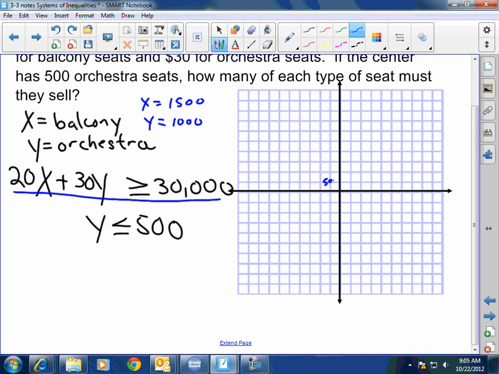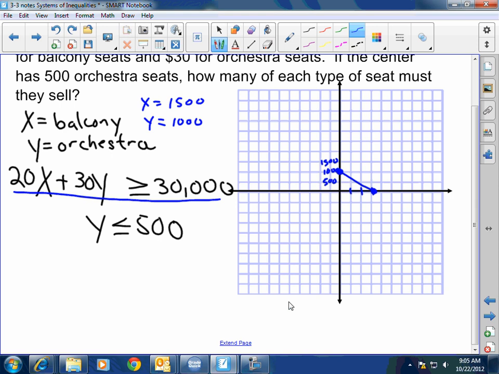So I'm going to go 500, 1,000, 1,500, and then over here 500, 1,000, and so on. We know that they're by 500s. So my x-intercept here is 1,500, and my y-intercept is here.